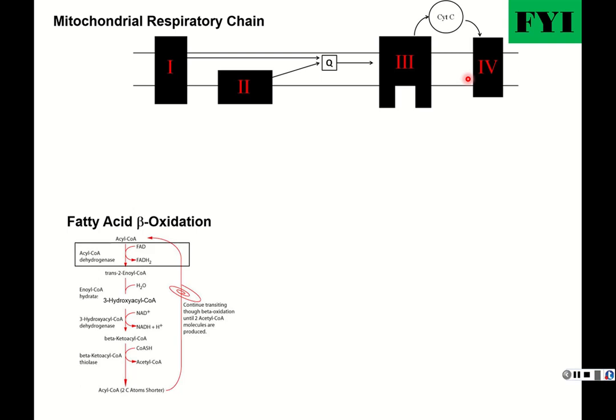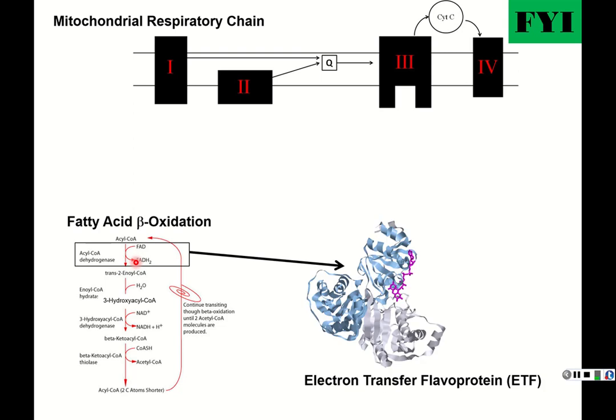Here's one aspect of metabolism that I've studied, fatty acid beta oxidation, so breaking down of fatty acids. The first step of this involves what are known as acyl-CoA dehydrogenases, enzymes that catalyze that first step. Electrons generated from this step are incorporated into the FAD molecule, and it becomes FADH2 when it's reduced.